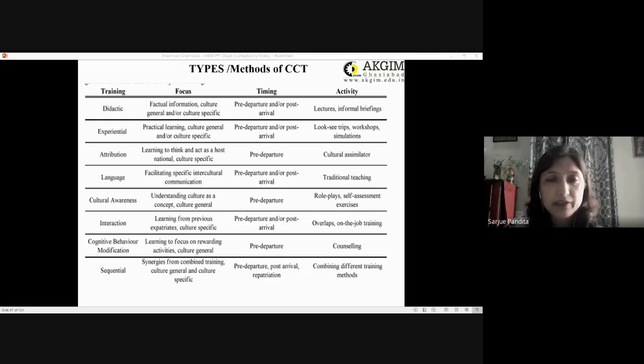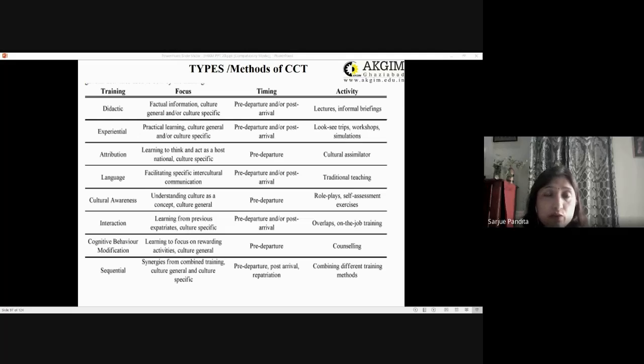So, cognitive behavior modification. Now, this method is less used when we talk about training an expatriate. Expatriates find things rewarding or punishing in the home culture context. That means I am training you either through rewards or through punishments. That means I'm making distinctions, that if you apply these processes, you are going to get adjusted in a nominal way.